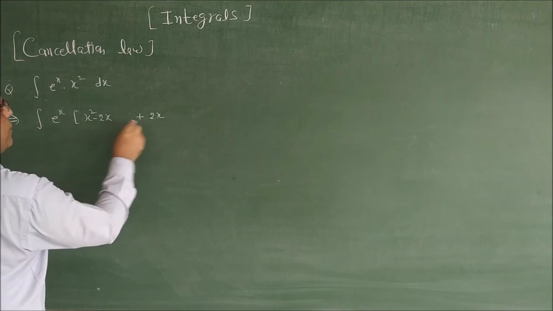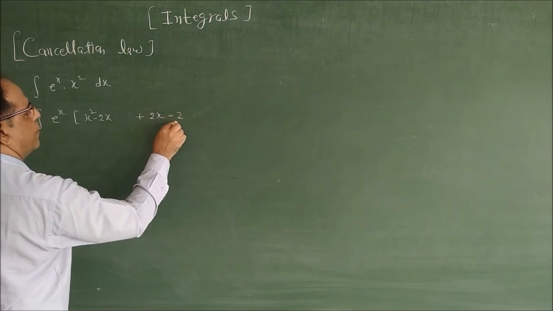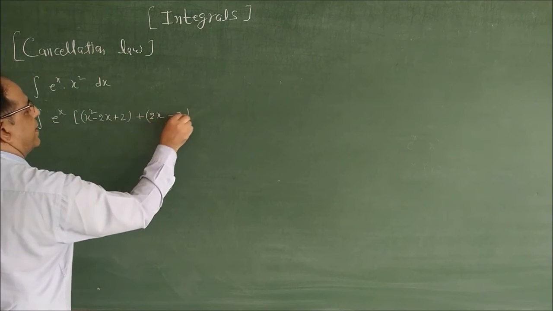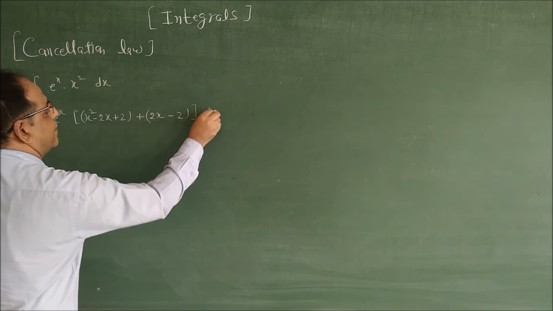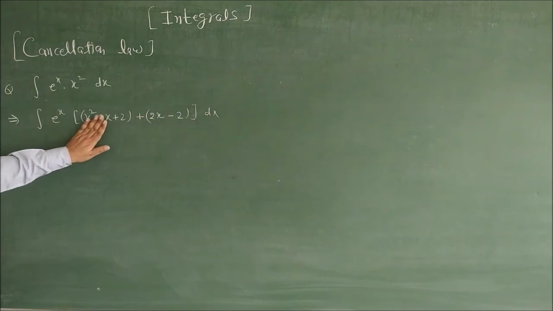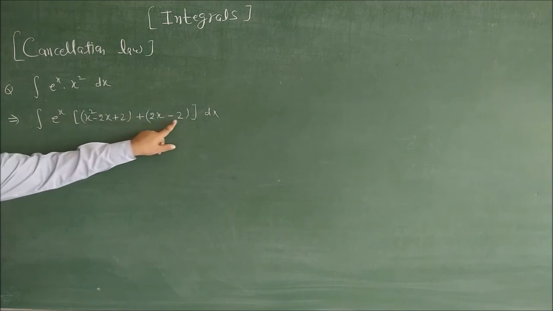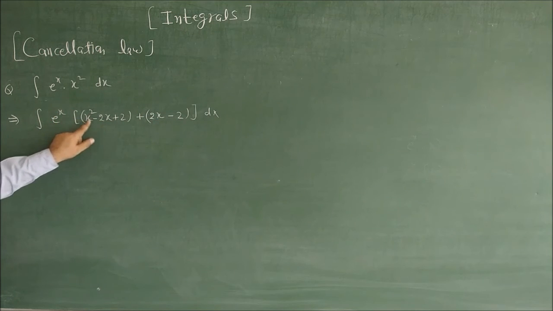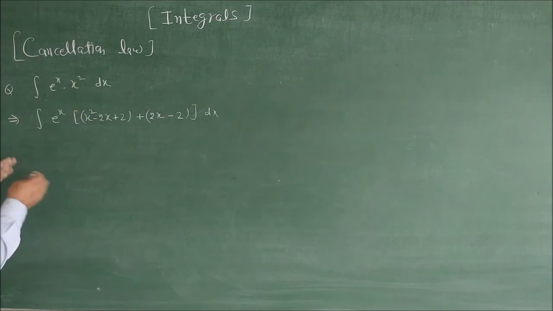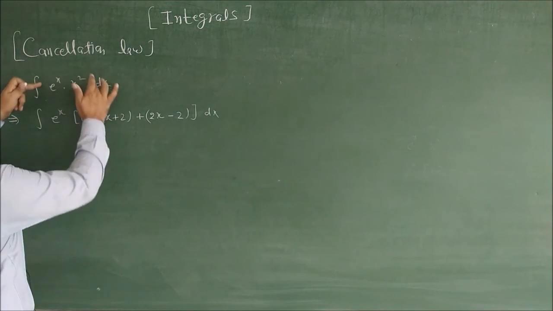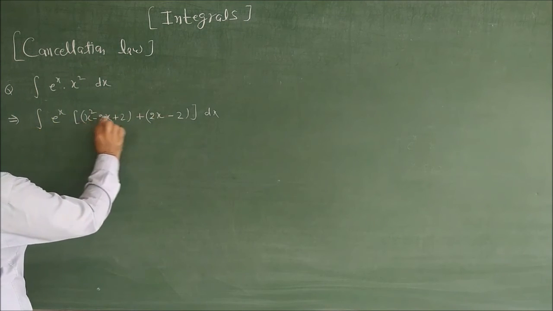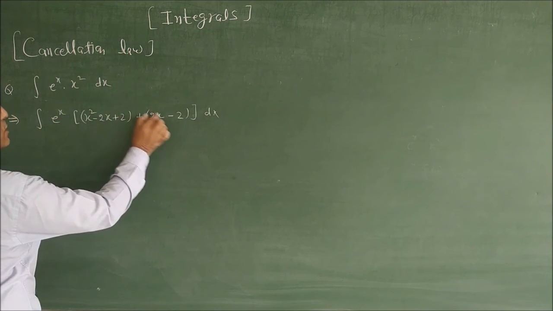Now the differential of minus 2x becomes minus 2, so for balancing minus 2, add 2 there. Please observe here, if you simplify this, 2 cancels by minus 2, 2x cancels by minus 2x, you have only e to the power x square, but we convert this function into the cancellation law format. x square, the differential of x square is 2x, and 2x is balanced by minus 2x.